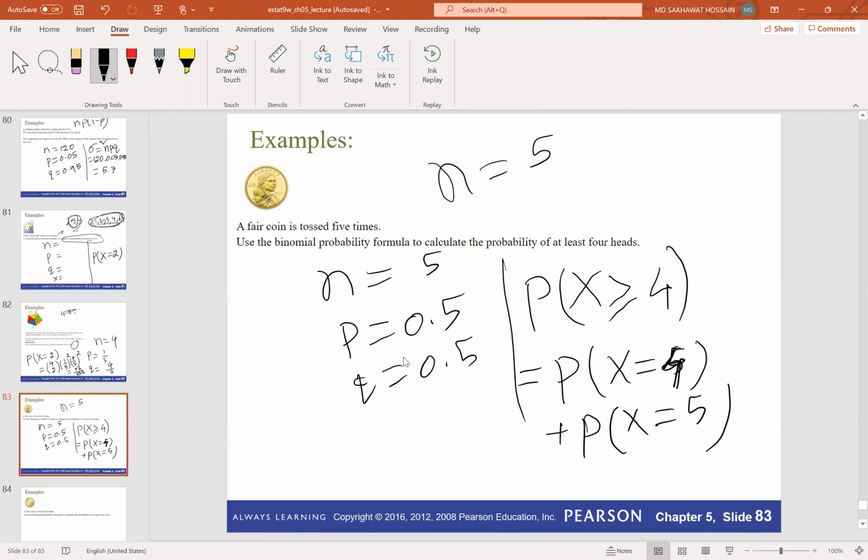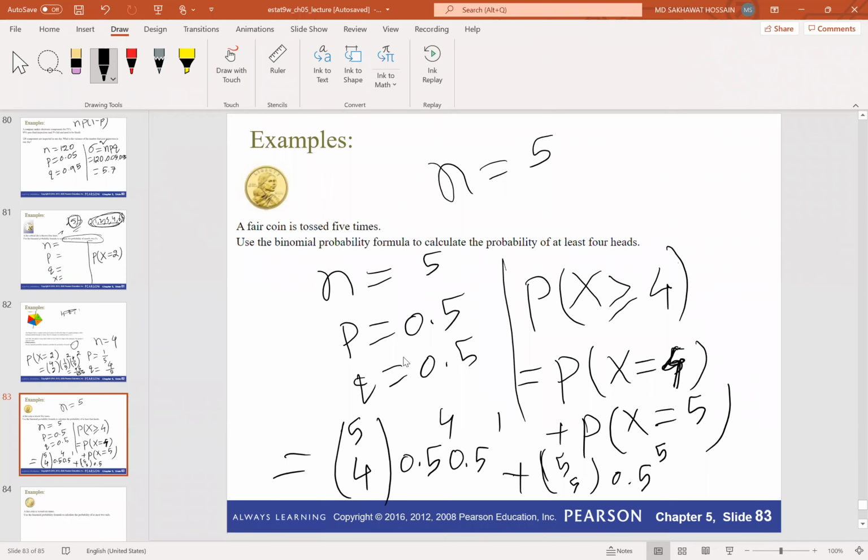So probability of 4 is 5 combination 4 times 0.5 to the power 4, times 0.5 to the power 1, plus 5 combination 5. X equals 5 is 0.5 to the power 5 and 0.5 to the power 0.